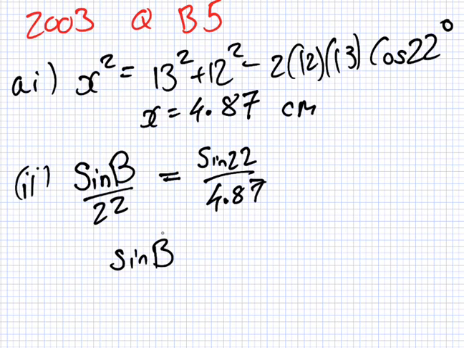Okay. So here we get sine 22 divided by 4.87. So here I'm getting sine B is a problem. Let me double check that. I have sine b more than 1.